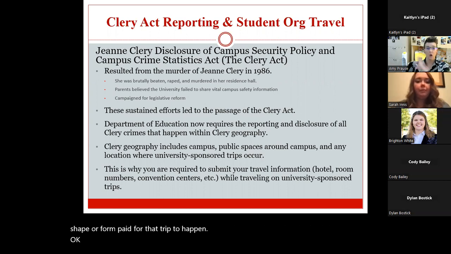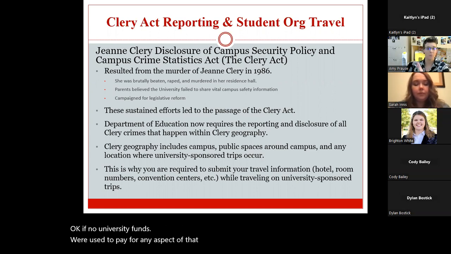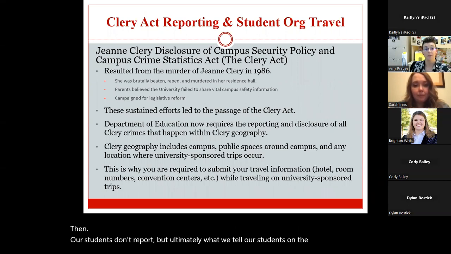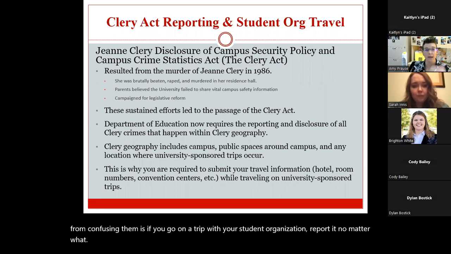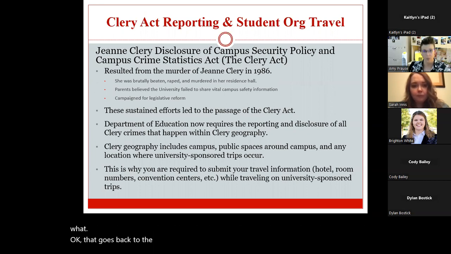If no university funds were used to pay for any aspect of that trip, then our students don't report. But ultimately, what we tell our students on the main campus to keep from confusing them is if you go on a trip with your student organization, report it no matter what. Okay, that goes back to the when in doubt, report.